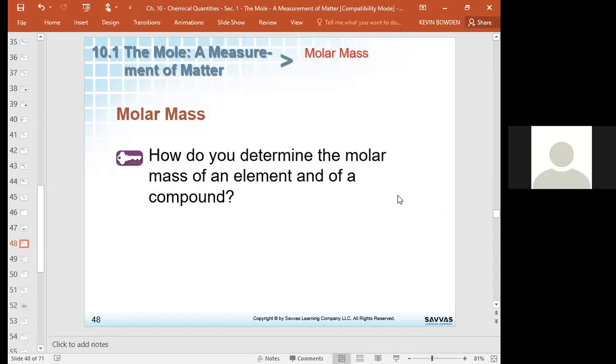All right, molar mass. We're shifting gears here again. Everything on the periodic table has a mass number below it, so many AMUs, atomic mass units. If you take a look at the periodic table, generally speaking, the more protons you have, the more neutrons you have, and so the mass always goes up.